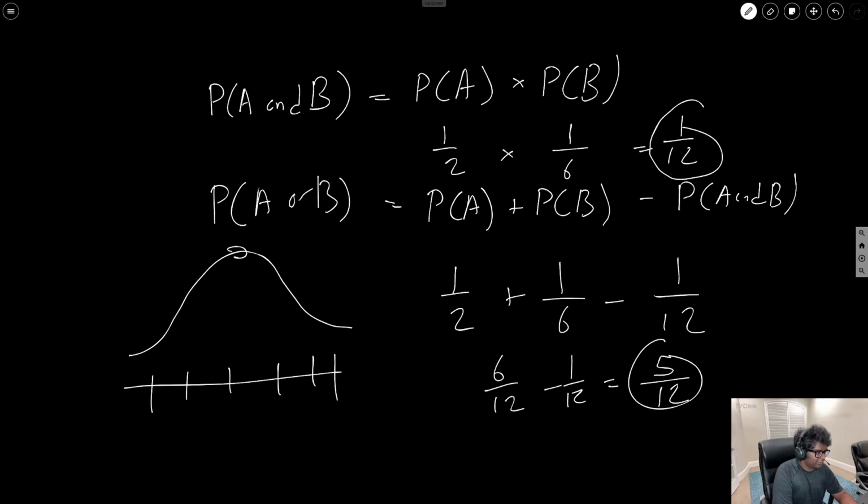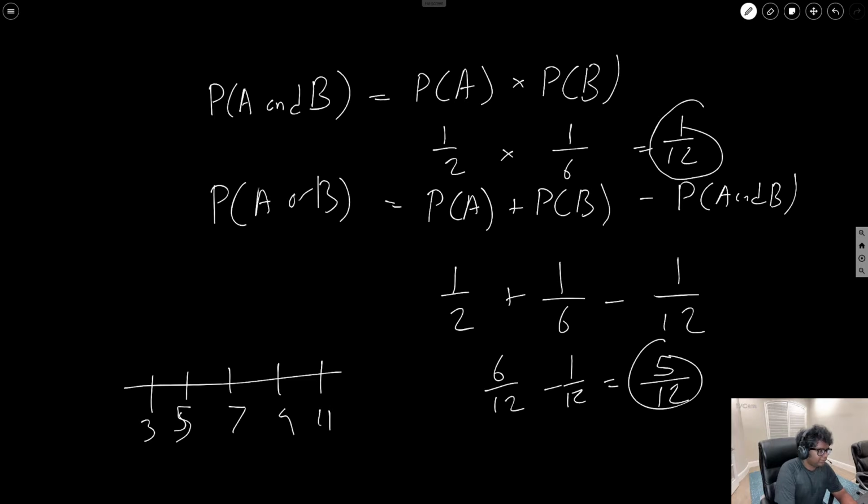The next standard deviation, like the next tick mark, the spread, would be 5, let's say 3, 9, 11. This would be the next significant place.